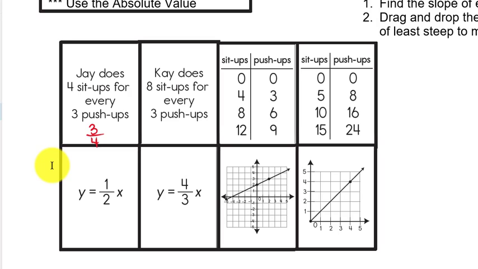Here, K does 8 sit-ups for every 3 push-ups. So this is going to be 3 to 8. And then looking at this one is going to be proportional. And every time I divide y by x, this will be a 3 to 4 relationship here.